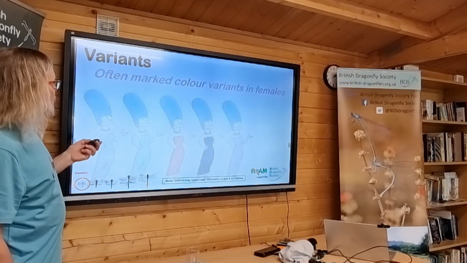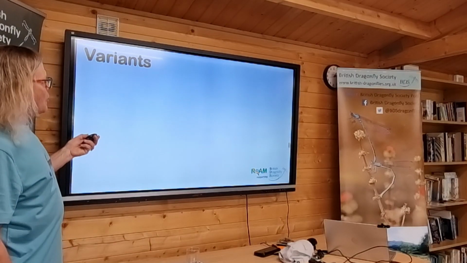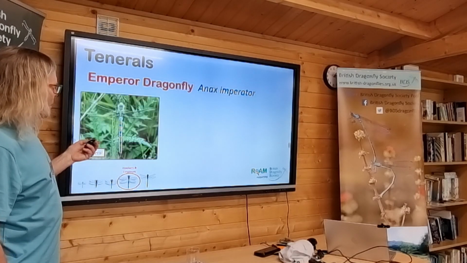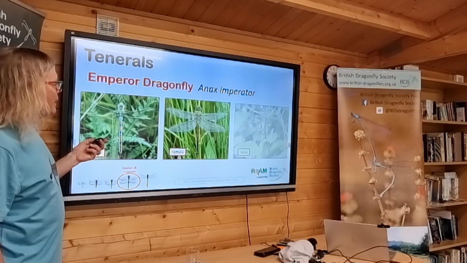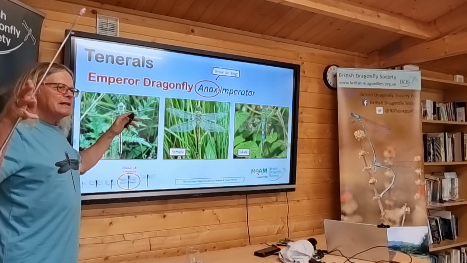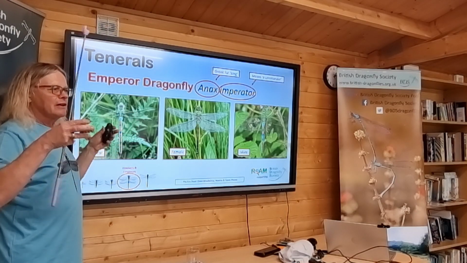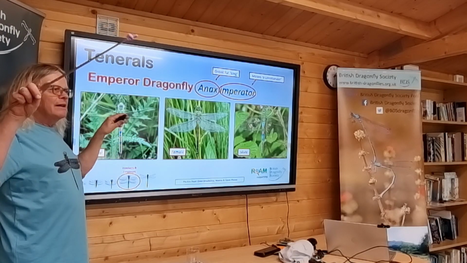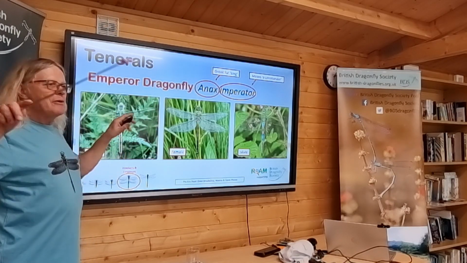If you go back 325 million years, which is when Meganisoptera were around, what they call the griffin flies, they were large dragonflies. They were big, but they didn't have the flight capabilities of things like the emperor, so they could only glide. The larger ones, because there was a lot of air, they never had a pterostigma. They could only glide.